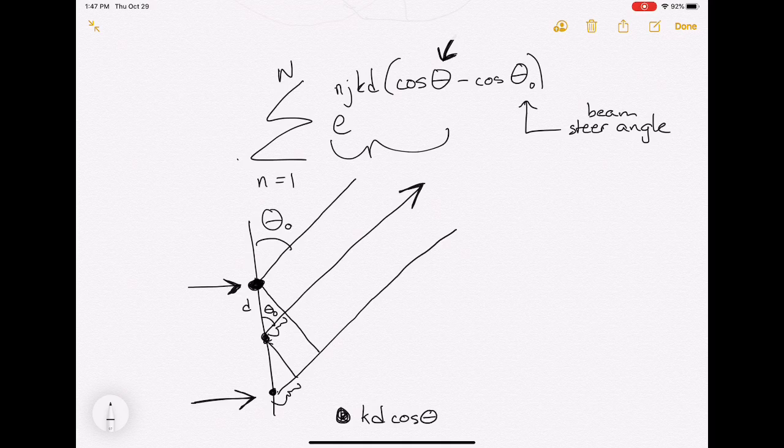So the nth element has a phase delay of n k d cosine theta. That's the progressive phase shift that you need to delay these elements by. That's assuming that this is element 1 and this is element 3. The bottom one is element 1 and the top one is element 3.